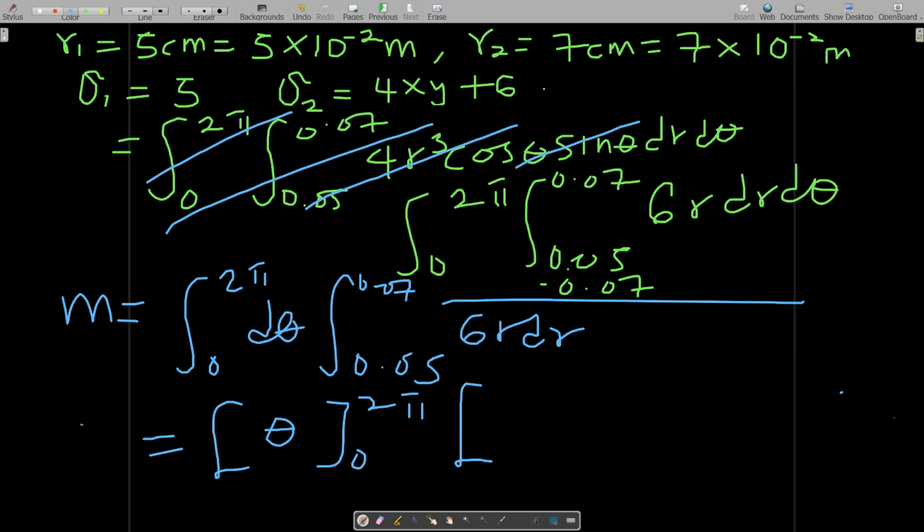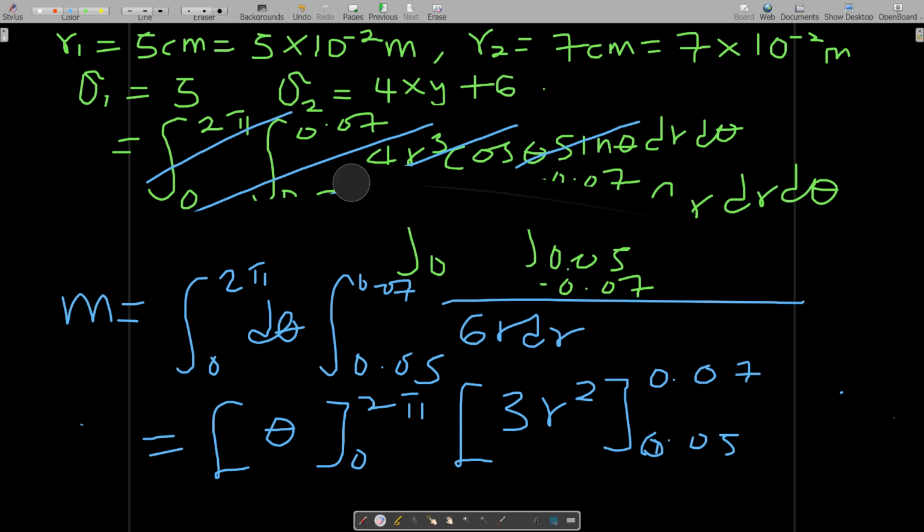Then this is 6r. When I integrate 6r with respect to r, what will I get? I'll get 6r squared over 2, and that will give me 3r squared from 0.05 to 0.07. Now let's erase the top and write it there.